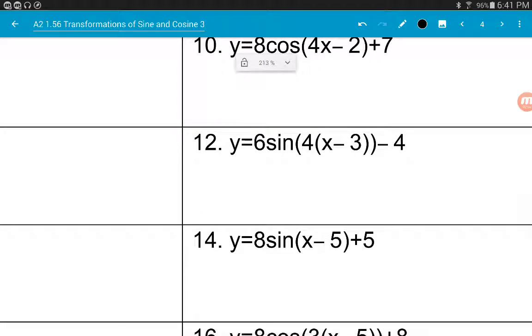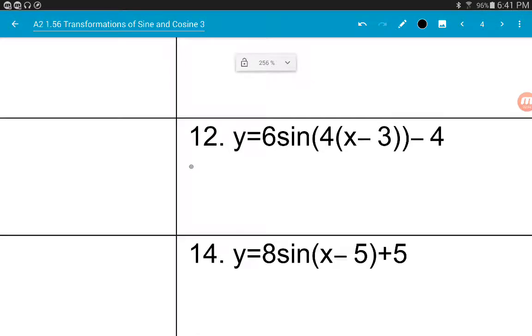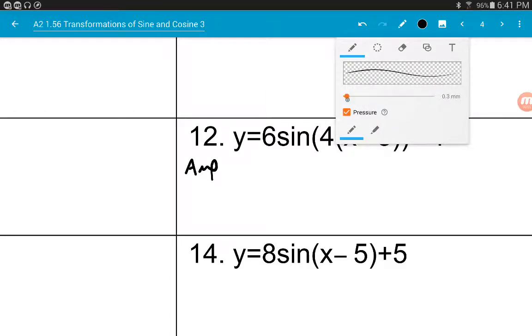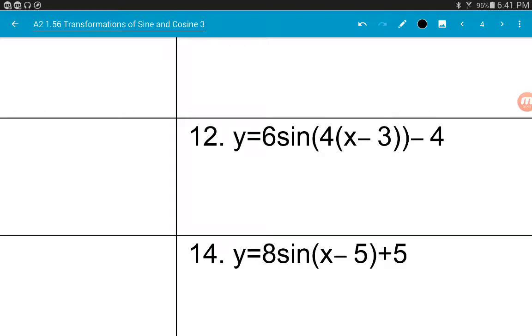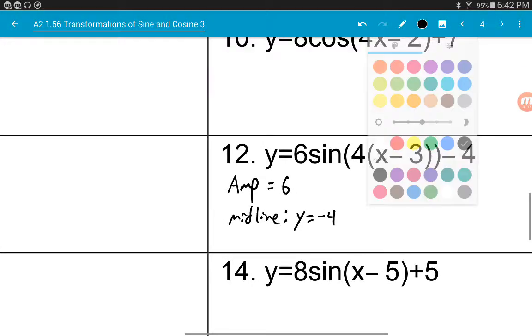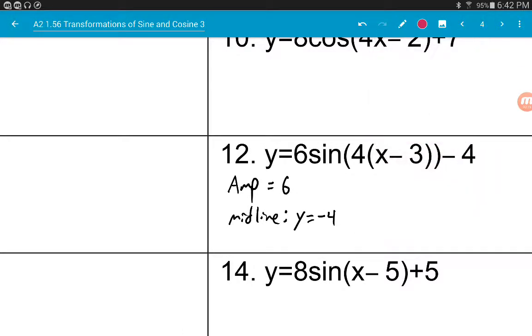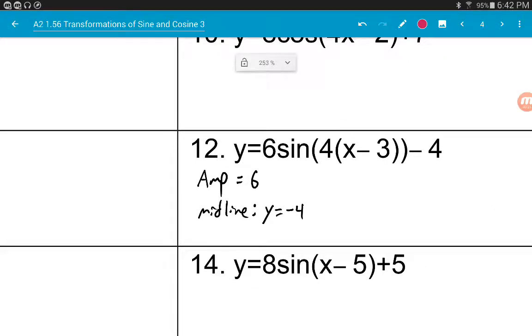Number 12. The amplitude is the first number, so the amplitude is going to be 6. The midline is always the next easiest to identify. So the midline would be y equals -4. And 6 and -4.